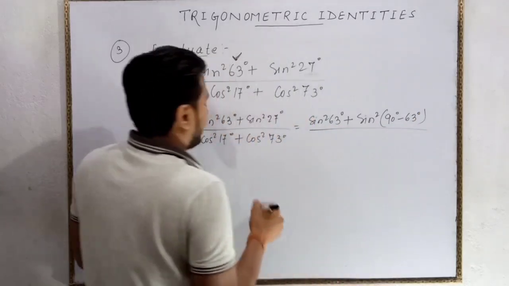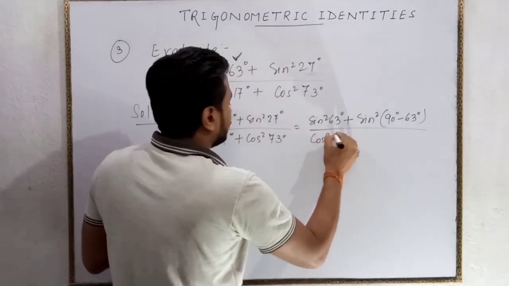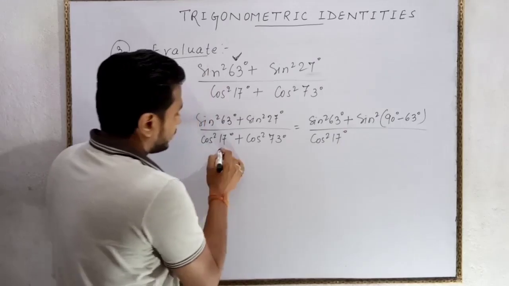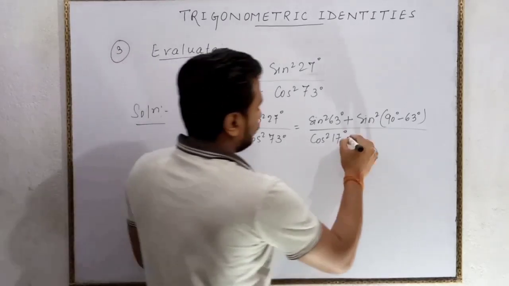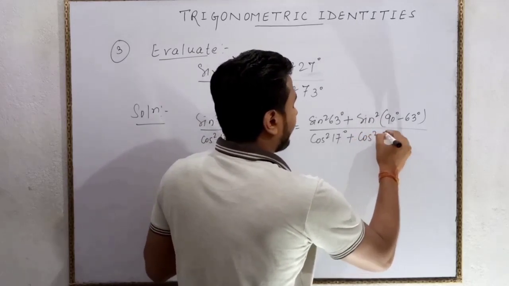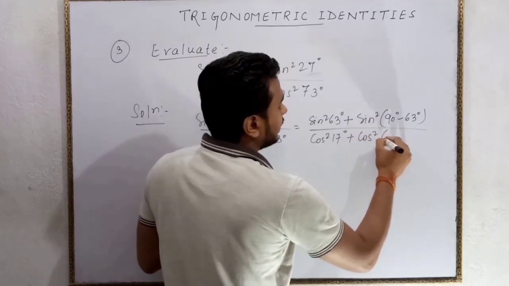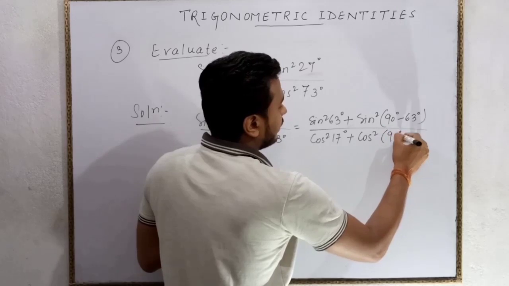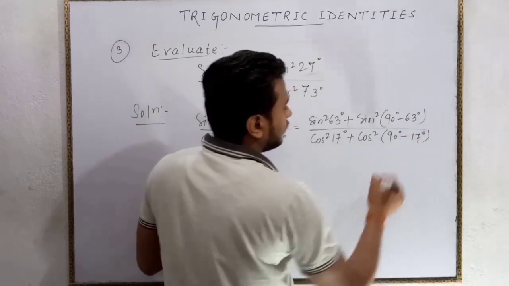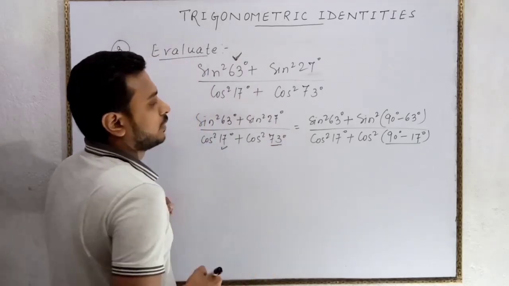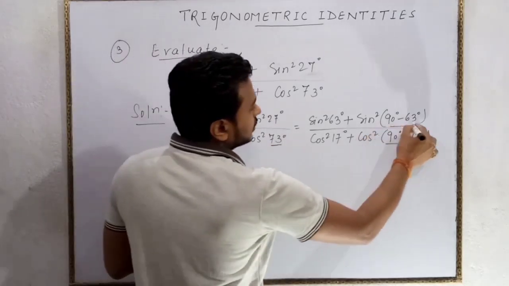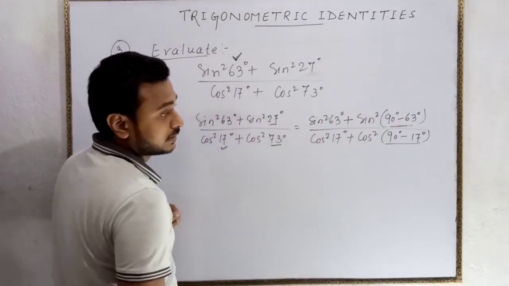Okay, and cos square 73, and 17 is complementary of 73, so we can write cos square 73 as cos square 90 degree minus 17 degree, because 90 minus 17 is equal to 73 and 90 minus 63 is equal to 27.